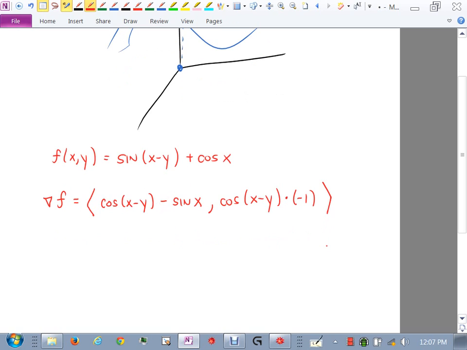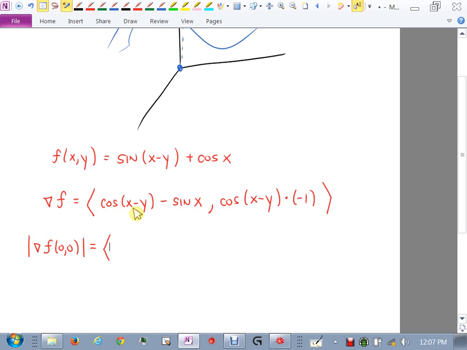Now, the maximum directional derivative, okay, the maximum directional derivative is the magnitude of that gradient at the particular point you're talking about. So what is the magnitude of this gradient at that point 0, 0? Well, what's cosine of 0 minus 0, 0?